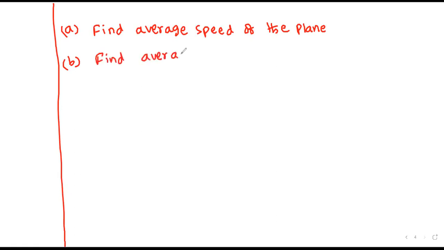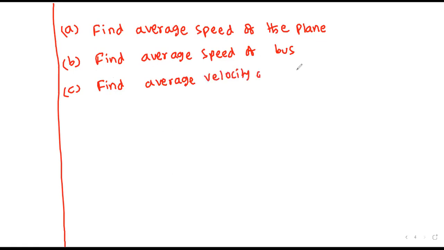Next, third bit, find the average velocity of the plane.